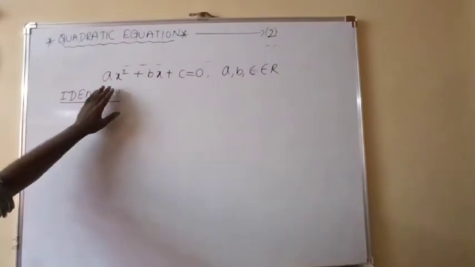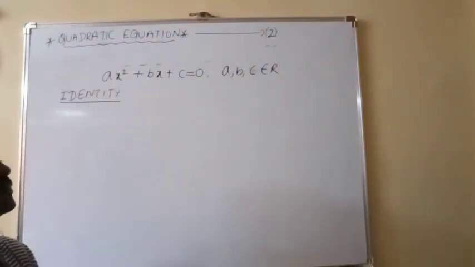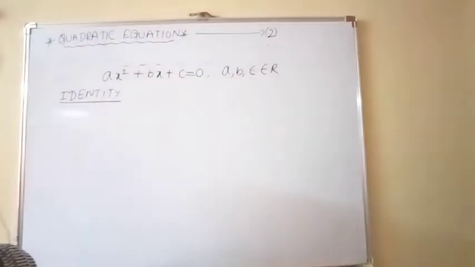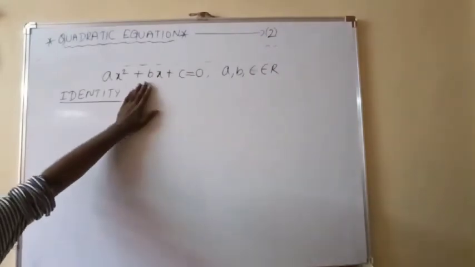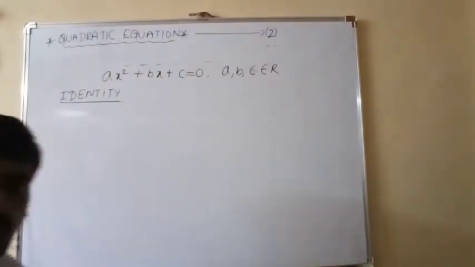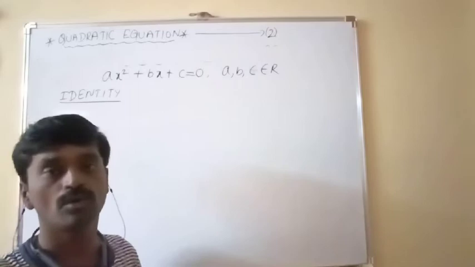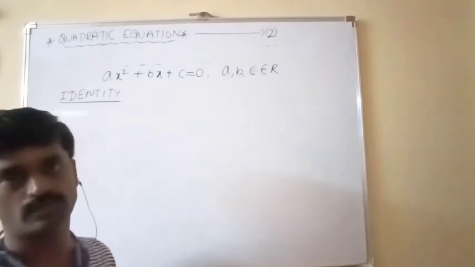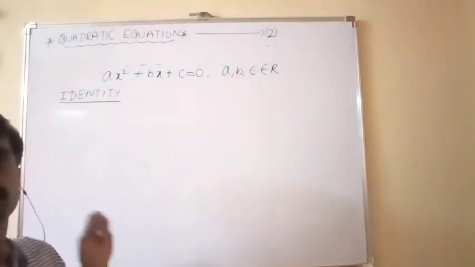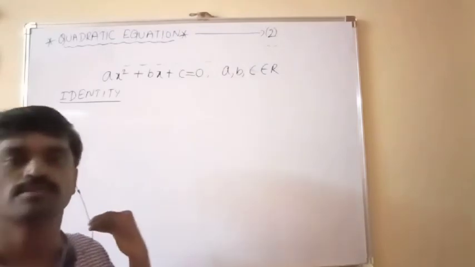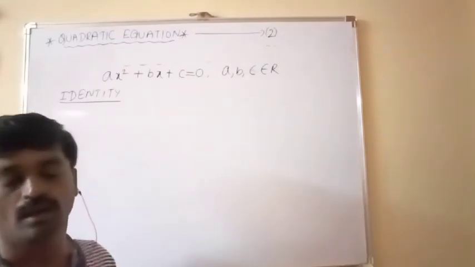Now consider the quadratic equation ax square plus bx plus c is equal to 0. Suppose this quadratic equation has more than two different real roots, then this quadratic equation becomes an identity. How?